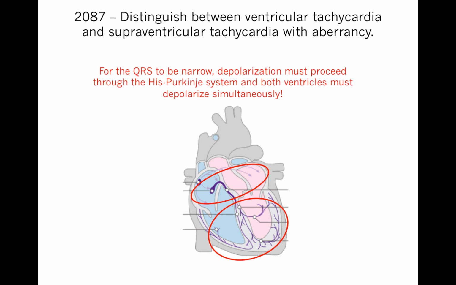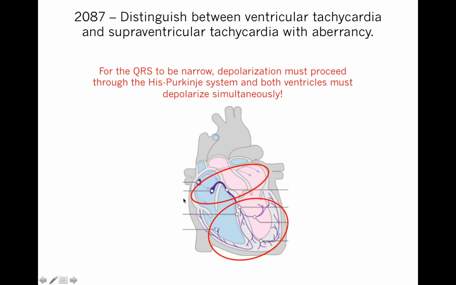So here's one other concept to understand. We need to be able to understand that there's a difference between ventricular tachycardia and supraventricular tachycardia with aberrancy. So we talked about rhythms that can cause wide complex tachycardias from the ventricles, like pacemaker-mediated tachycardia, ventricular tachycardia, ventricular fibrillation.